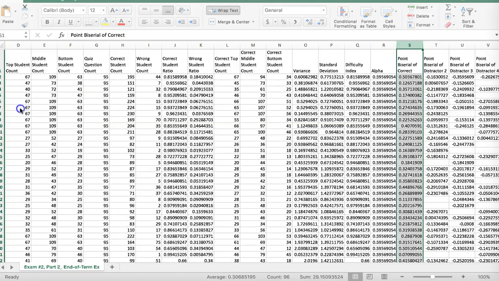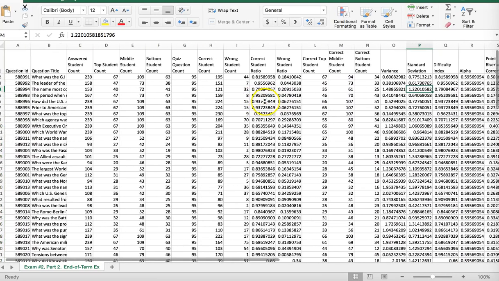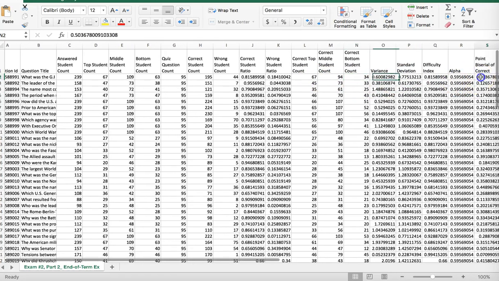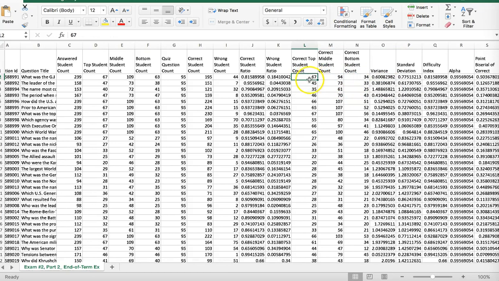Essentially what you're going to see, I'll just fudge in some numbers here. If you got a negative point biserial, it's actually reversed. So the correct top student count is going to have a very low ratio. Let's say you have only 30 of them getting it correct. And then the correct middle student count would be, let's say, maybe 50.